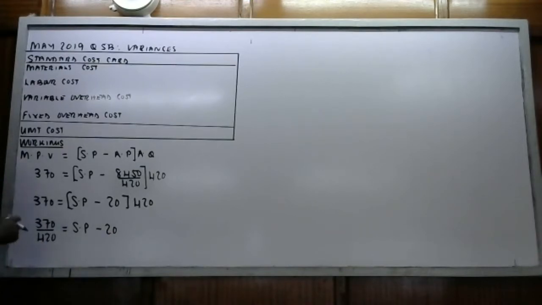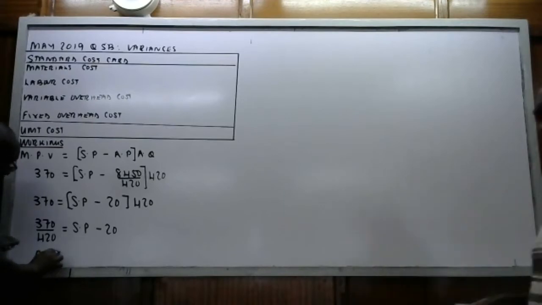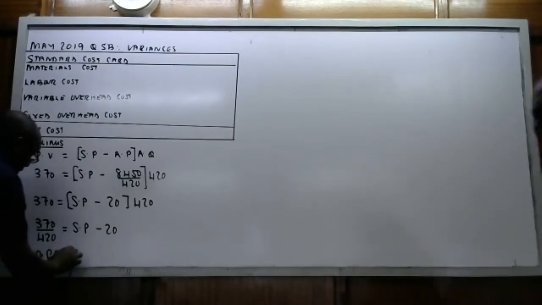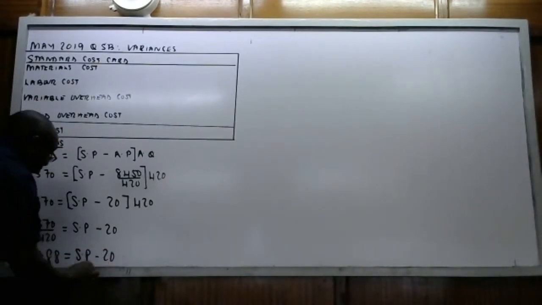Okay, so whether we needed to have the decimals, because this is giving me 0.88, is equal to SP minus 20.